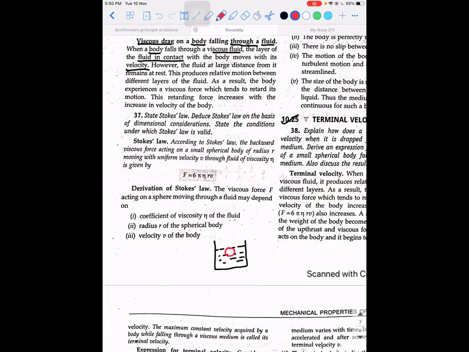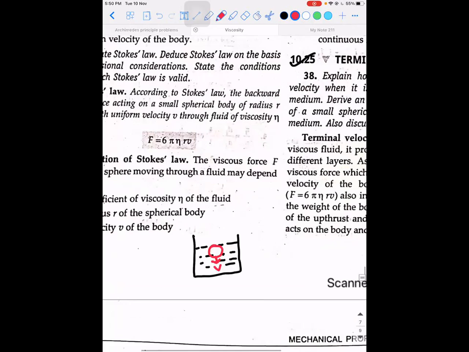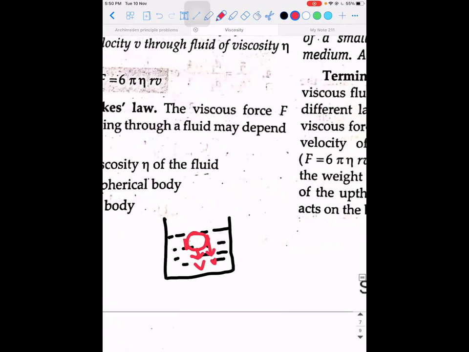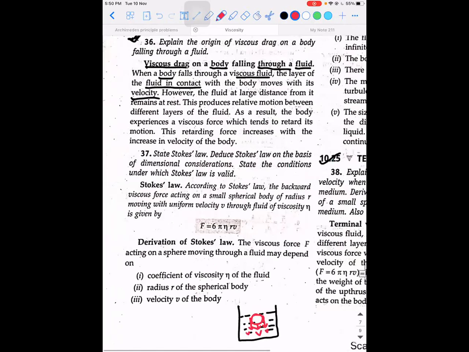So it will have velocity in the downward direction, right? This part of the solid is in contact with the liquid. So when this object is moving with a velocity v, the liquid which is in contact with this object tangentially will also have the same velocity v. That is what they're trying to say.